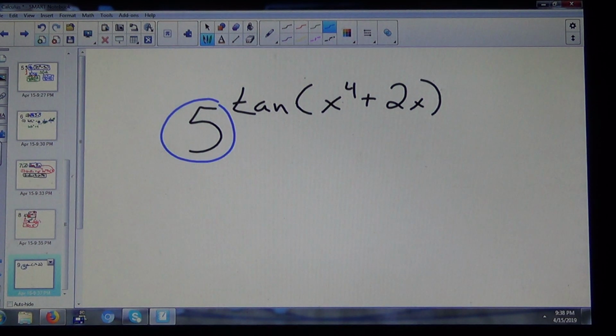Remember, you always, it's the derivative of base, have that on your unit circle.